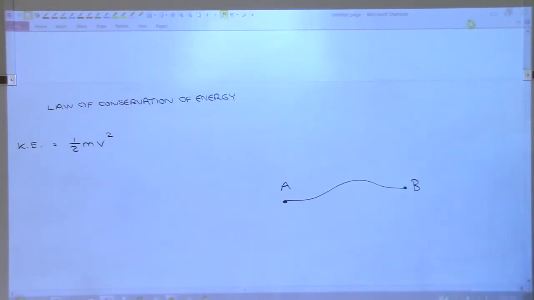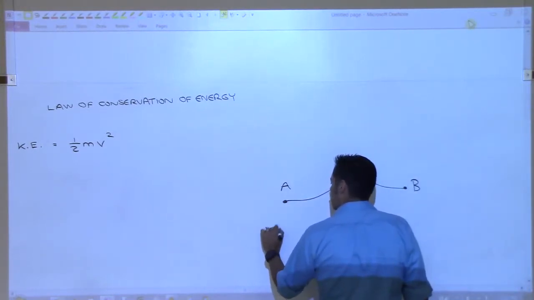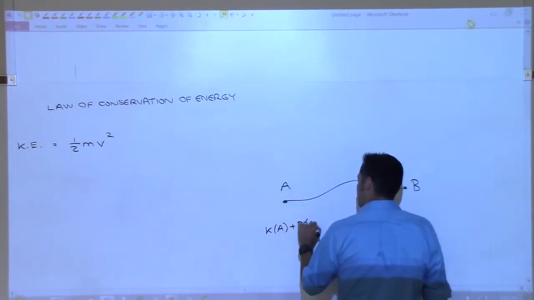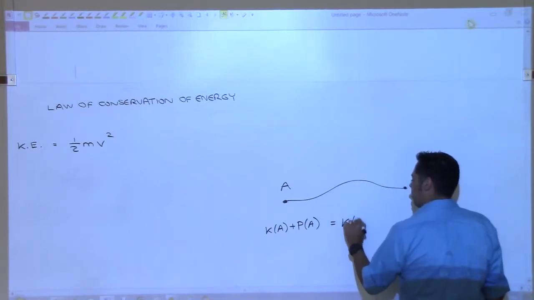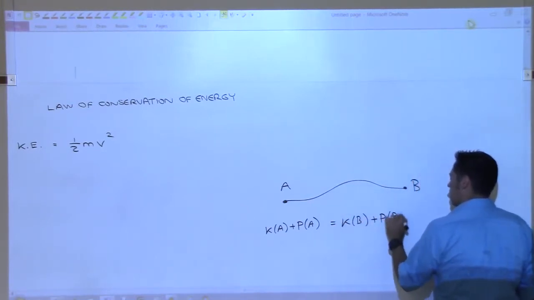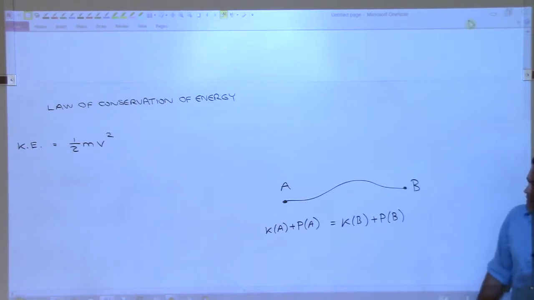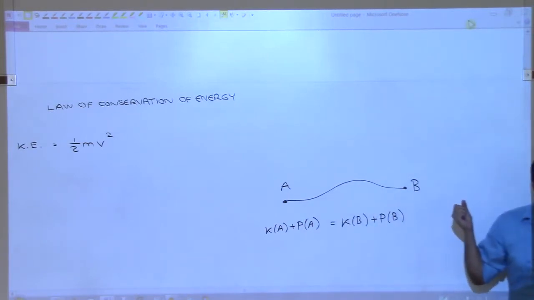Then the law of conservation of energy says pretty much that the kinetic energy of the object at A plus the potential energy of the object at A should equal the kinetic energy of the object at B plus the potential energy of the object at B. Does that look somewhat familiar? Physics? Okay. In other words, energy is conserved as you move from one point to the other.